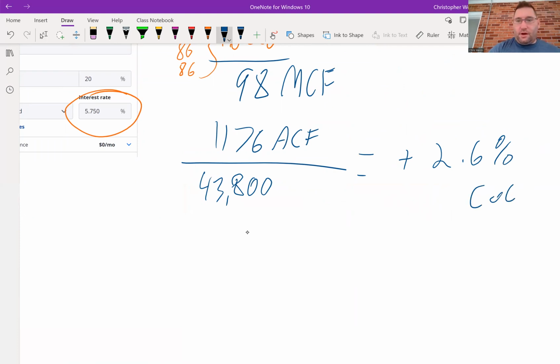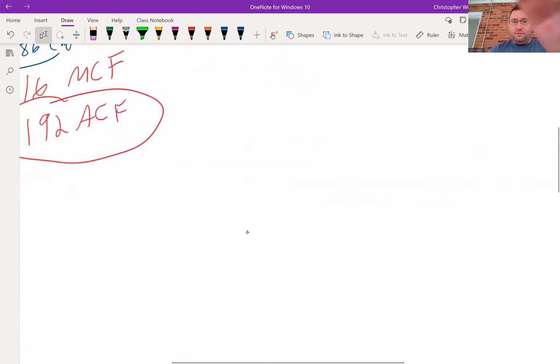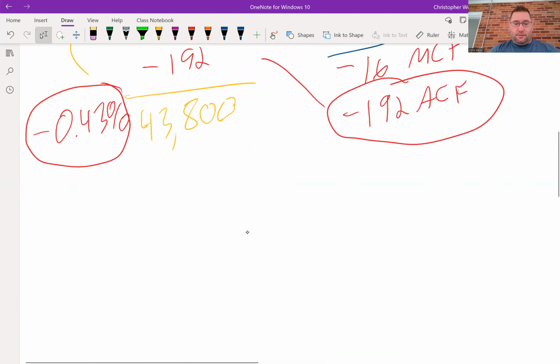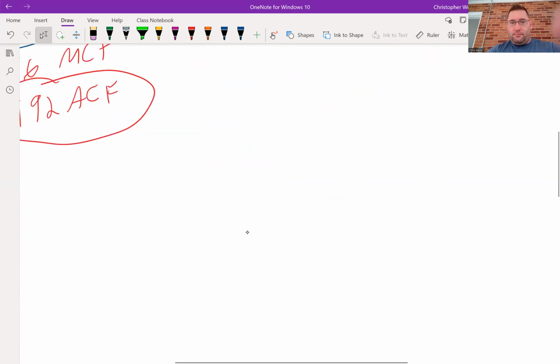A little off script here, what I'm going to do is take the negative rate that we got, which was 0.43. We're going to add in the 2.6.